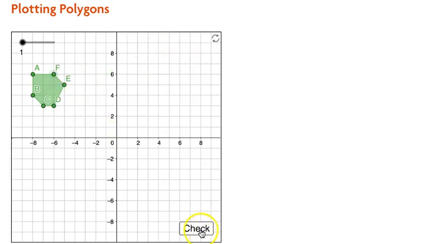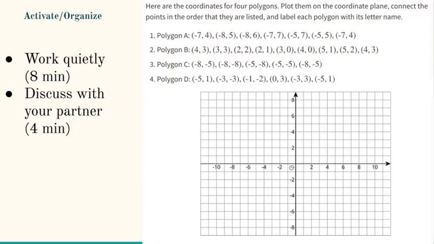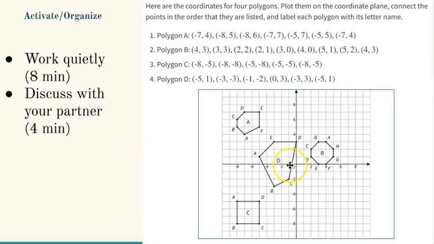And then you can click check, and it'll let you know how many of the points you have correct. To switch to the other ones, you just drag the little dragger back and forth. Okay? Let's take a few moments to work through those. When you've gotten them all done, you should have ended up with pictures that looked similar to this. And in each case, you made a polygon with those particular ones. So it works out pretty well.